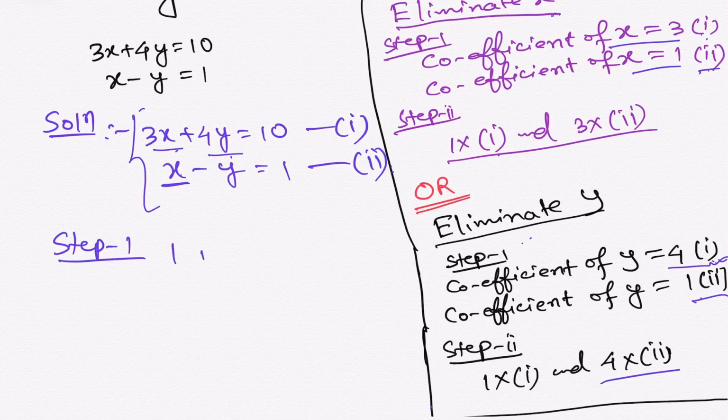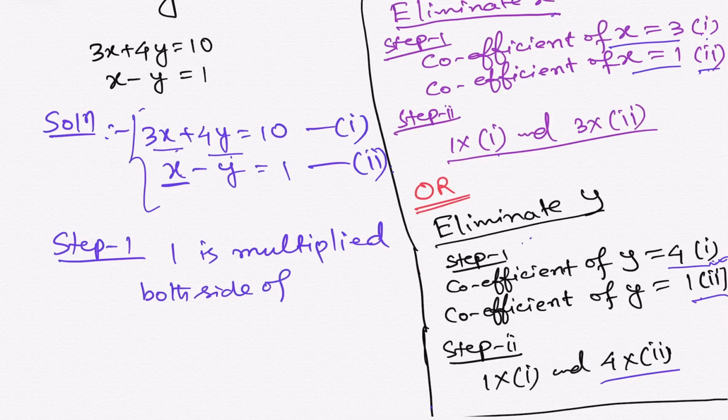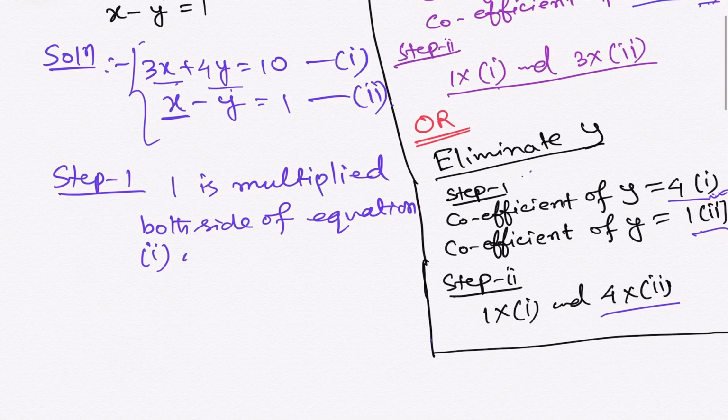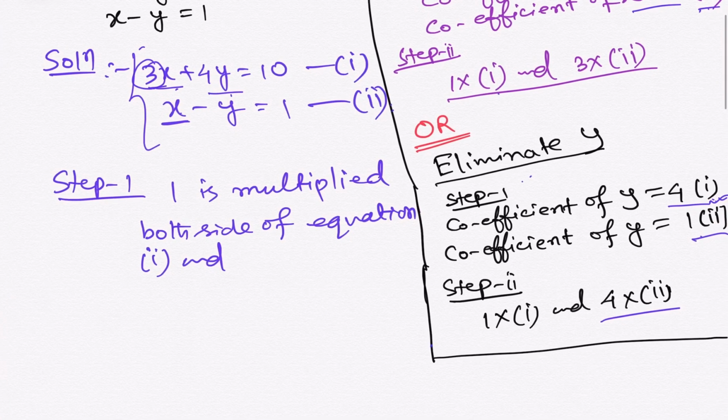So this 1 is multiplied to both sides of equation 1, and the coefficient 3 from equation 1, this 3, is multiplied to both sides of equation 2.